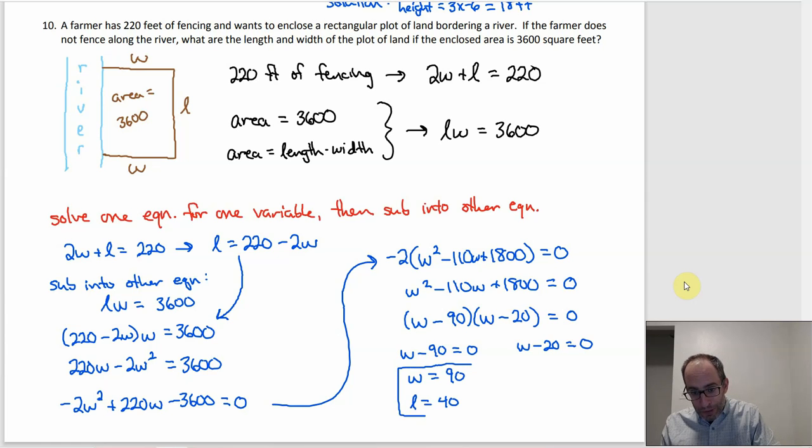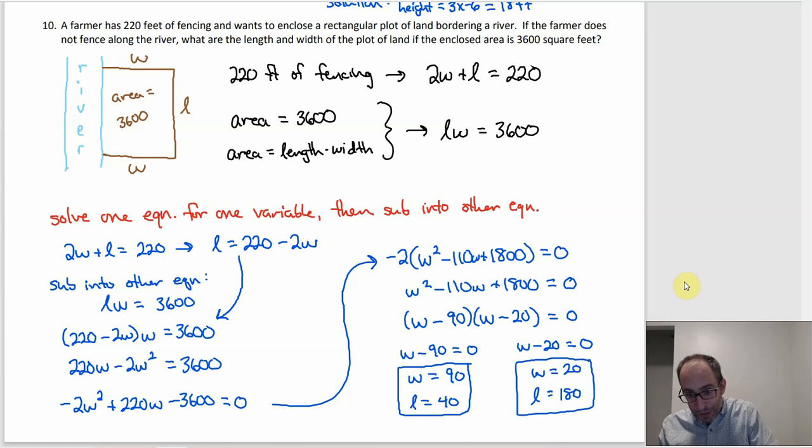So just from subbing in, if you use that L is 220 minus 2W, it would be 220 minus 180, which is 40. The other option is if W is 20, then the length would have to be 180, because then 220 minus 40, that's 180, right? And in both cases, you can check the multiplication. They're both going to work out to 3,600.